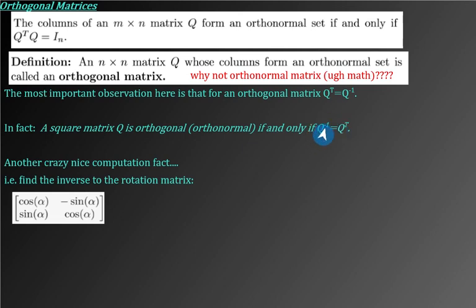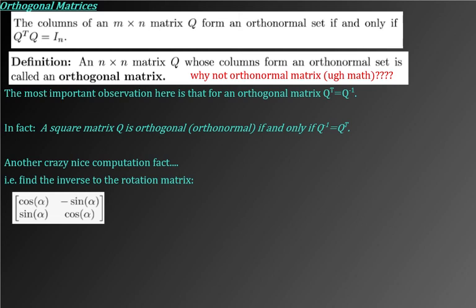So this is another crazy nice computational fact, because you can take a matrix and just check its transpose, which is way quicker than checking its inverse. And if the transpose is equal to the inverse, so you still need to, I guess, check both, sorry. But if those are equal, then you know that they're orthogonal. Or what I was thinking before is if you know the columns of the matrix are orthonormal, then you don't have to go through the computation of the inverse. Then you can just compute the transpose to get the inverse.